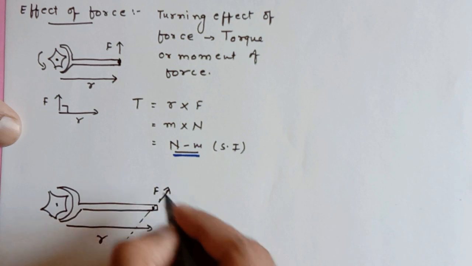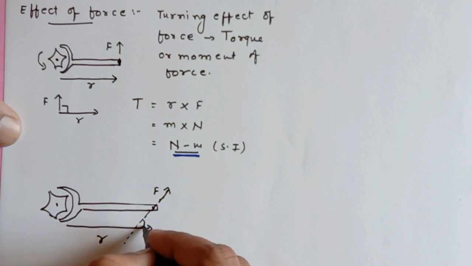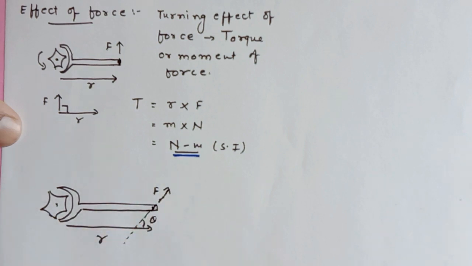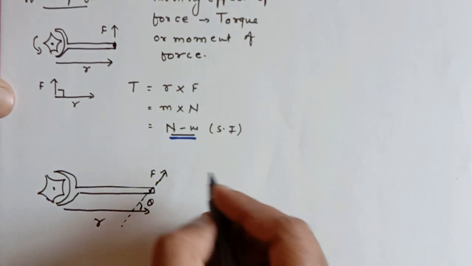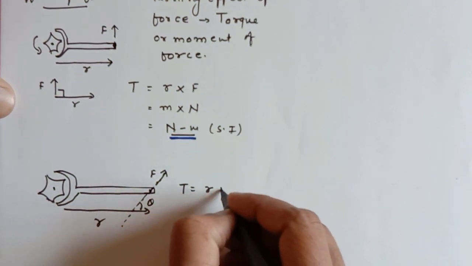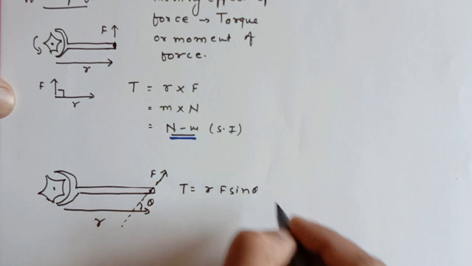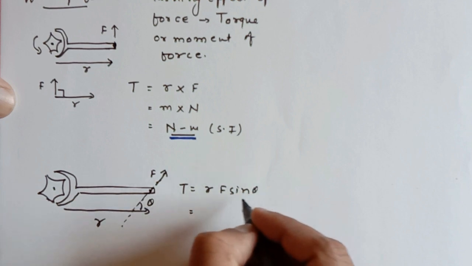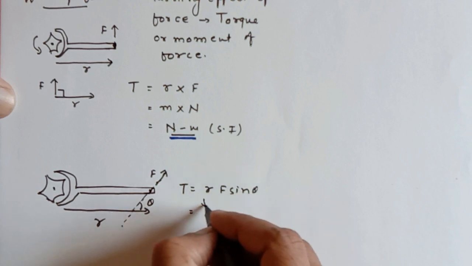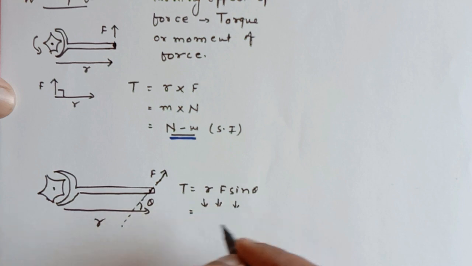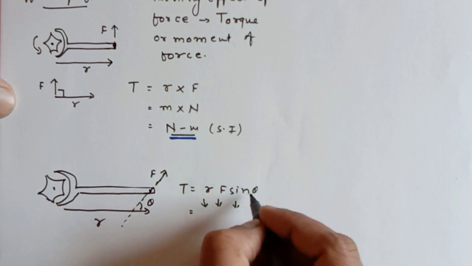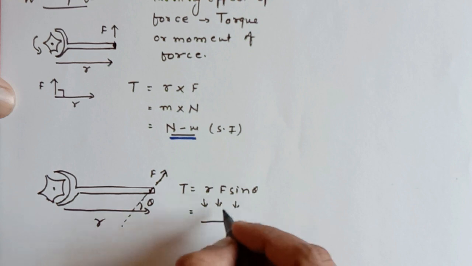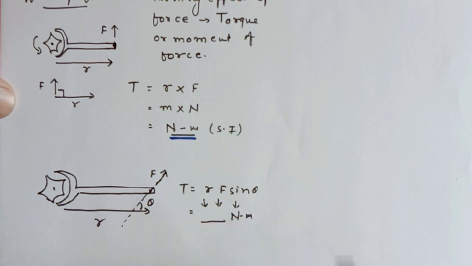Now if I pull them, the angle between them is theta. So in this particular case, torque is equal to r F sine theta. Sine theta does not have any unit. You will be given the values of r and F. If angle theta is given, then sine theta will also be given to you. Just multiply all of them and the final answer would be Newton meter.